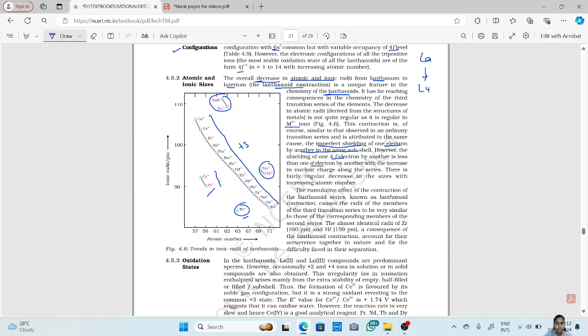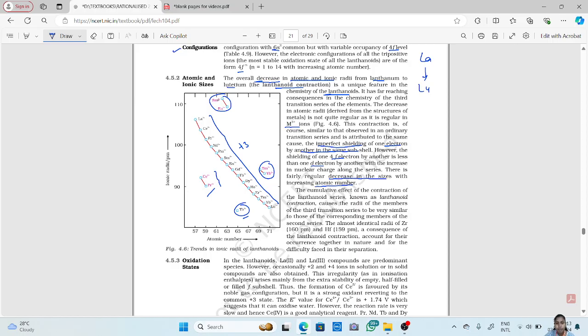So 4f electrons are less shielded than d electrons. Therefore, the size will decrease further as the nuclear charge will increase. Now, there is a fairly regular decrease in size with increasing atomic number. As the electrons keep on increasing, the nuclear charge will increase, which will pull all the electrons towards it.